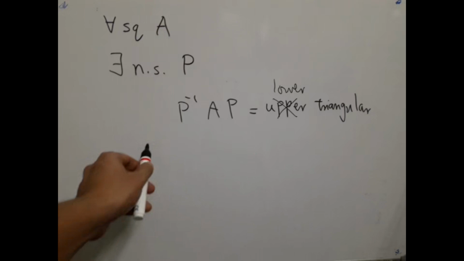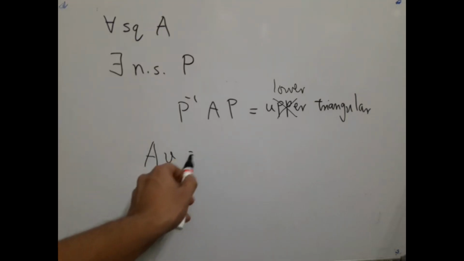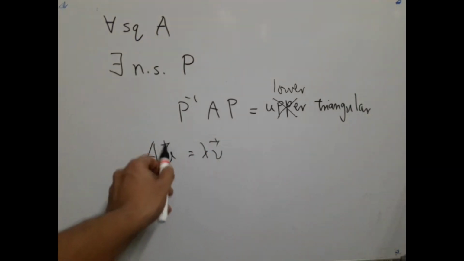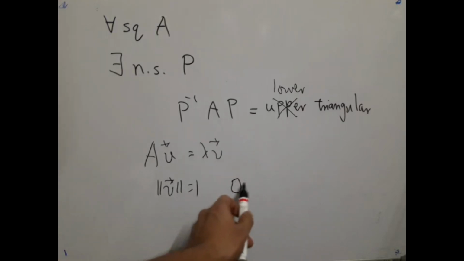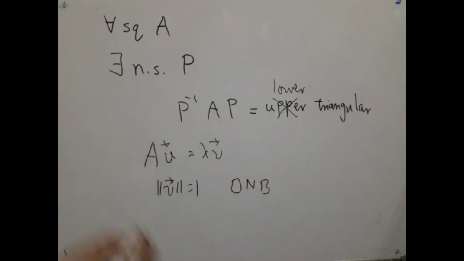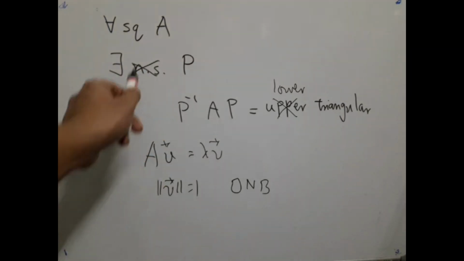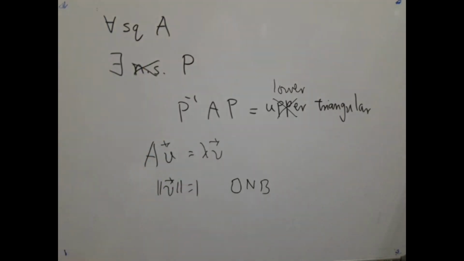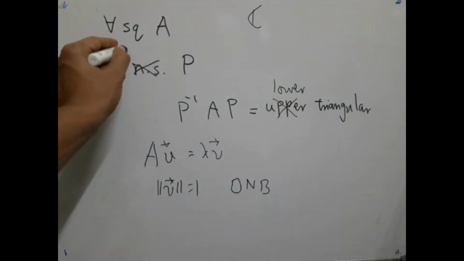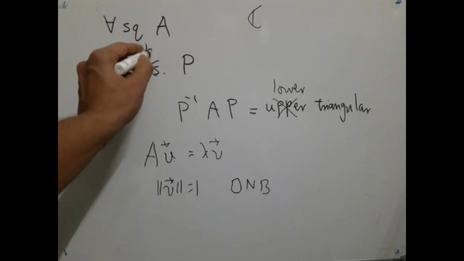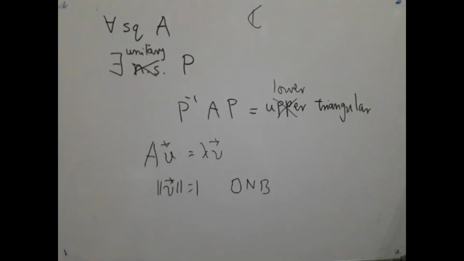Now, if you just start with AV equal to lambda V, where V has unit length, norm equal to 1, then you might as well extend it to an orthonormal basis, ONB. And the same result will hold by induction. So in this case, you can also assume that not just non-singular but orthogonal. Well, we do not really call it orthogonal. When we work over the complex field, we call it unitary, which is basically the same as orthogonal, except that we are working over the complex field.